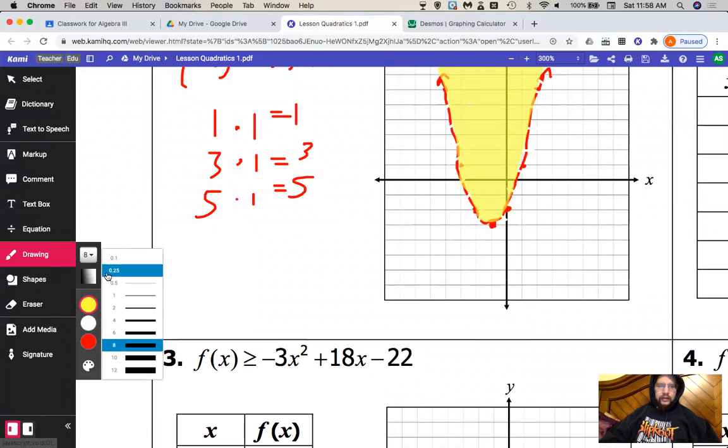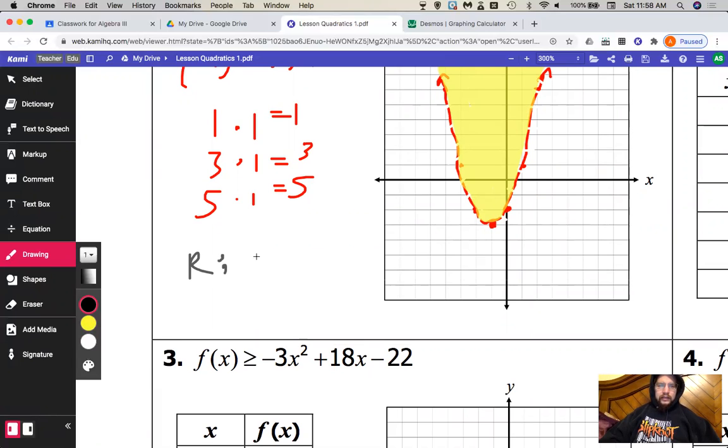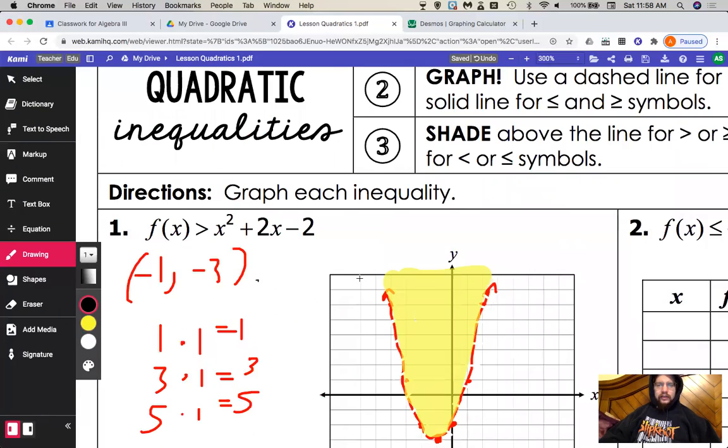However, it's a dotted line, right? So our range is going to be -3 to infinity. Cannot include that -3 in this case because it's dotted.